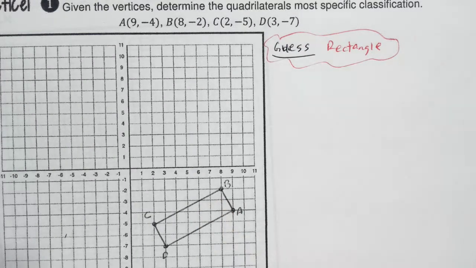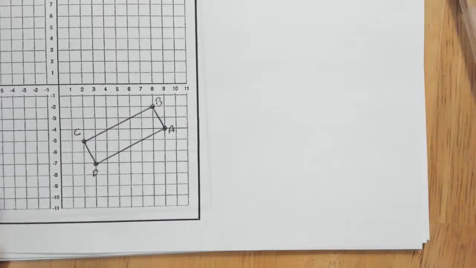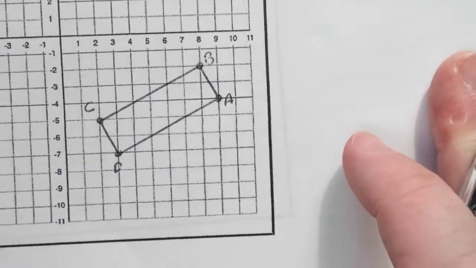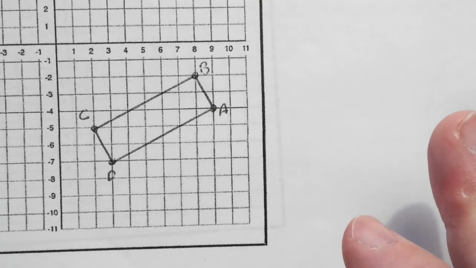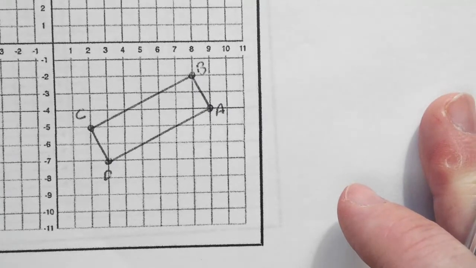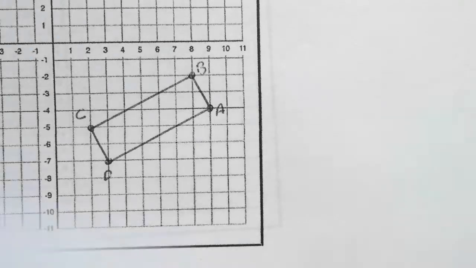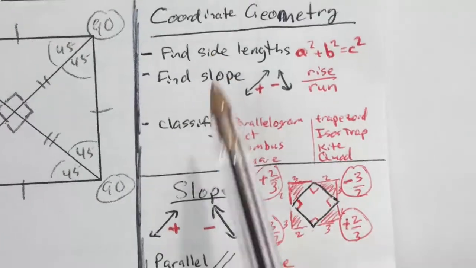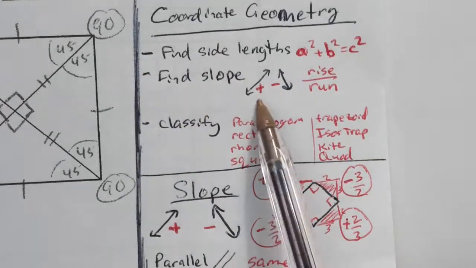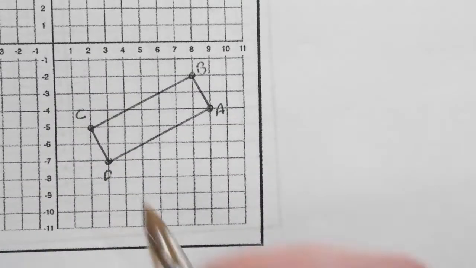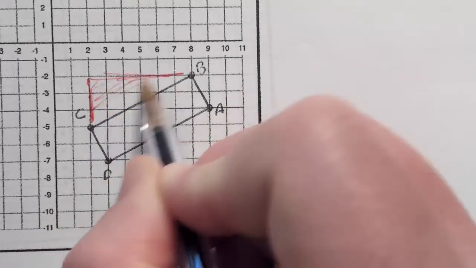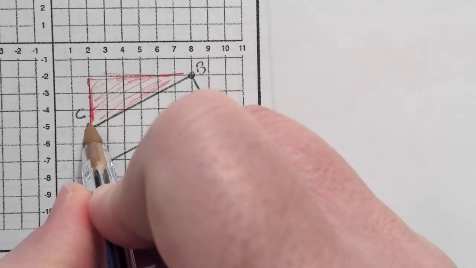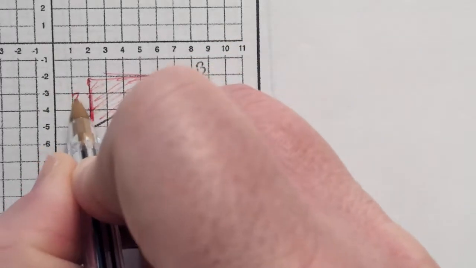And now let's just double check that our guess is good. There are 3 steps, but basically 2 steps of this. On the bottom of page 2, we said find the side lengths and then find the slope, right? So how do we do that? First of all, we're going to make little rectangles. So this right here, 1, 2, 3.